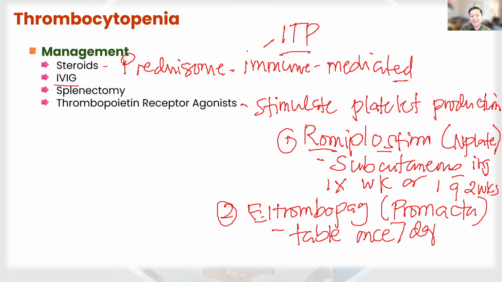And it will stimulate the production of the platelet by binding and activating the thrombopoietin receptor.